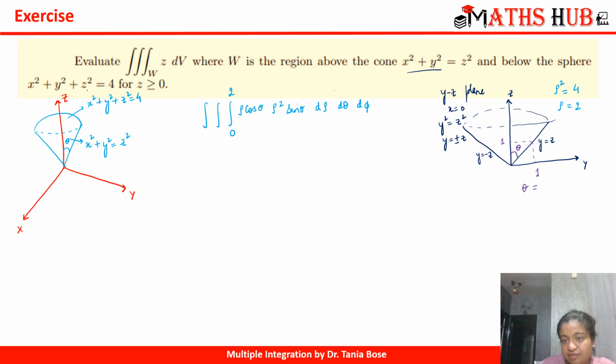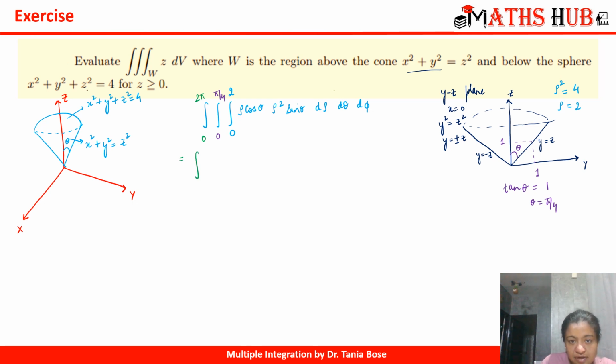If I apply trigonometry, tan theta is equal to 1 by 1, so it is 1. So theta comes out to be pi by 4. That means the limits of theta are from 0 to pi by 4, right? Now when I take the projection of this spherical object on the xy plane, it will be a complete circle. So phi will move from 0 to 2 pi, right?